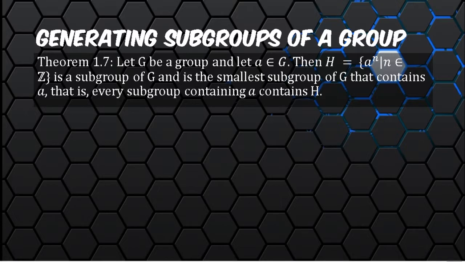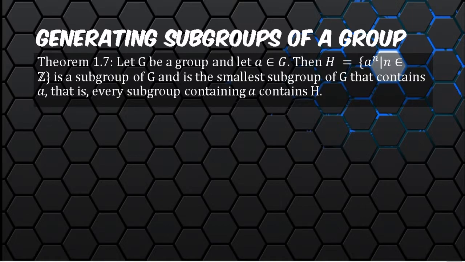It's theorem 1.7. By the way, I started naming our theorems just for the sake of organization. In the previous slides, I actually edited and provided a numbering system for all the theorems we've discussed previously. Anyway, this is theorem 1.7.